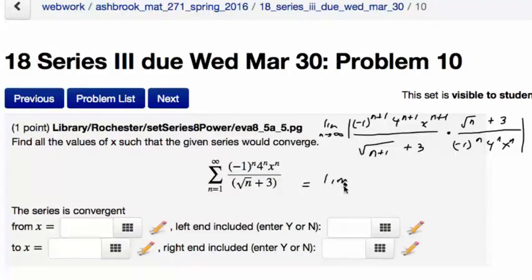Okay, and without doing all the intermediate steps, this basically becomes, after you simplify everything and take the limit, 4x.